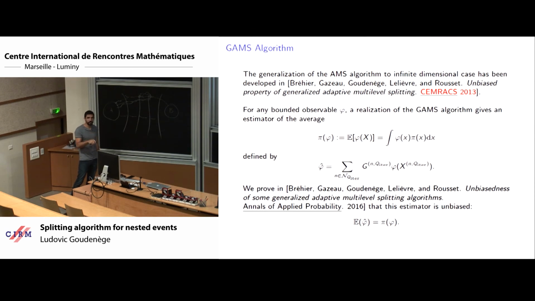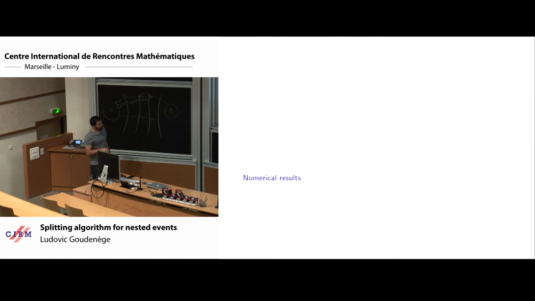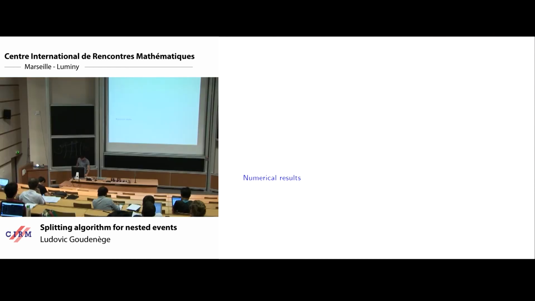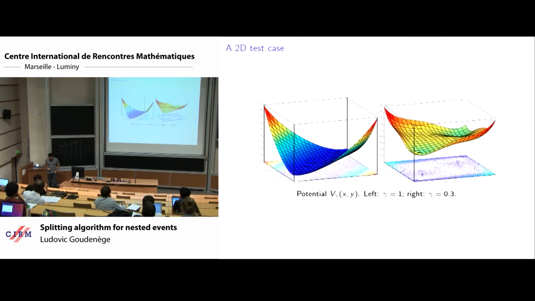And you obtain an estimator with a good number of trajectories. Okay, so I want to finish to convince you, but I have, again, a lot of time, so I will show you many test cases.